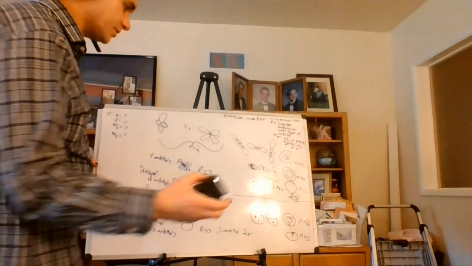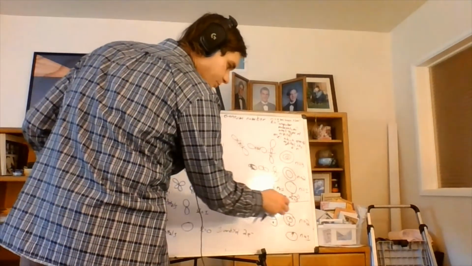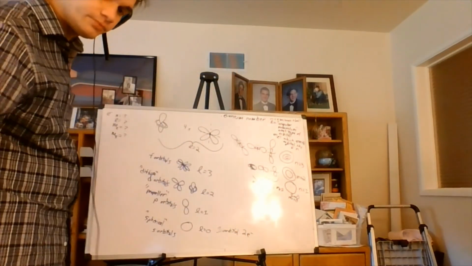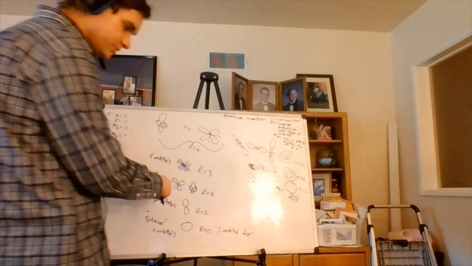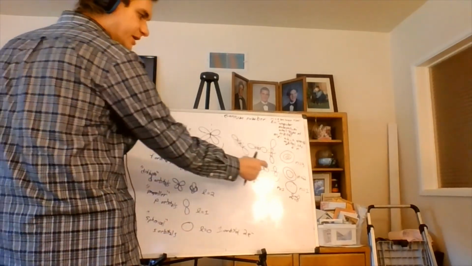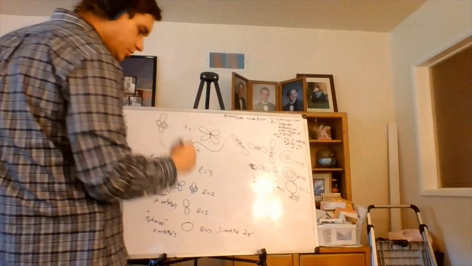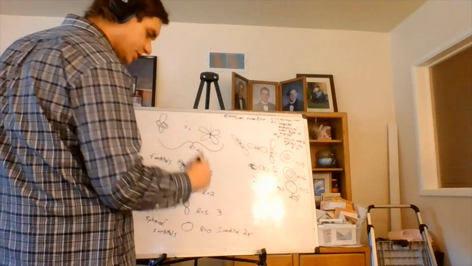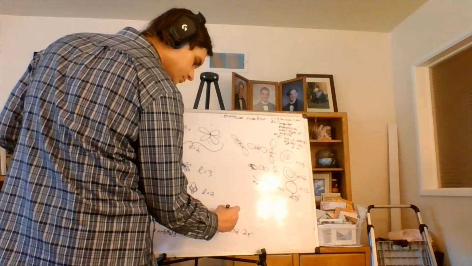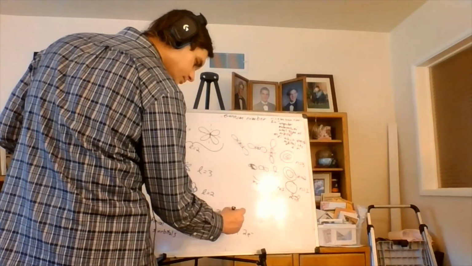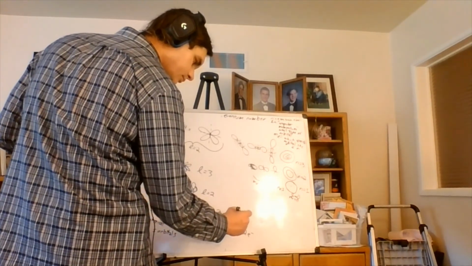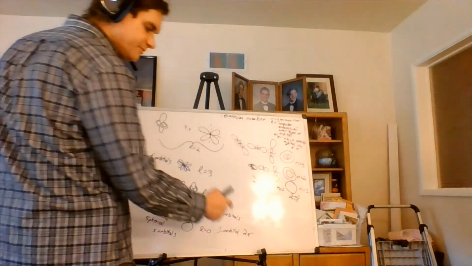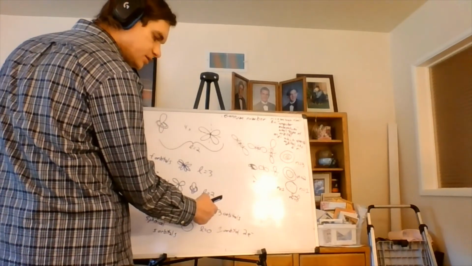And at this point, we're done talking about drums, so I'm just going to go ahead and erase that part. Now, for the p orbitals, how many orbitals do we have at any given electron shell? We've got 3 of them. And how many electrons can we fit? Well, we can fit 2 into each one.